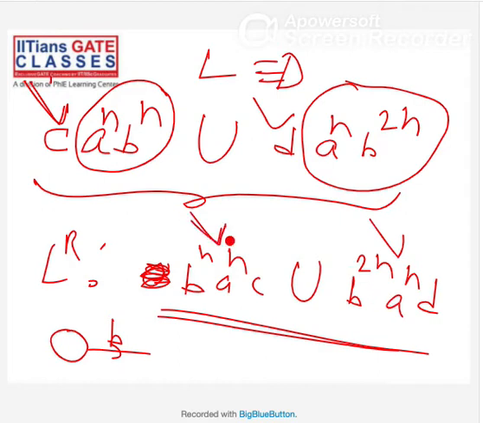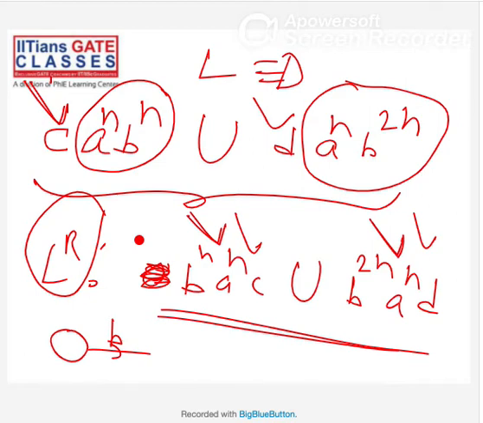Now the push and pop is not clear. What to push, how much to push, these things are not clear, because when you see the first B, you don't know whether your string belongs to this part or to that part. So that's why this L reverse is not DCFL. Is it clear, Aditi? Any doubt?